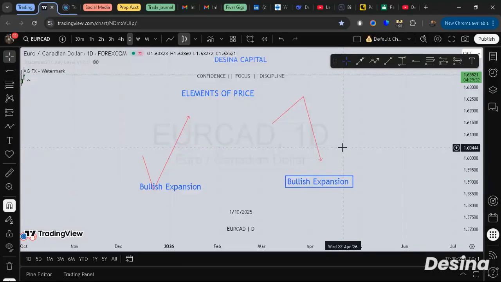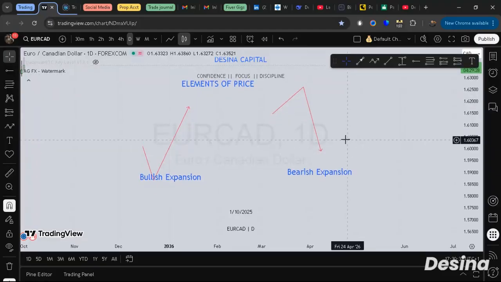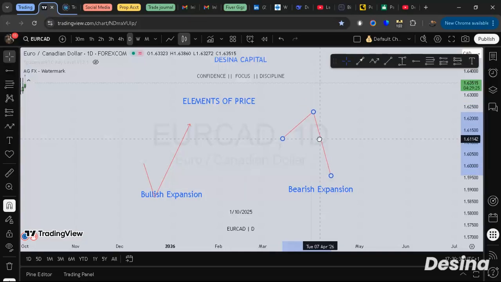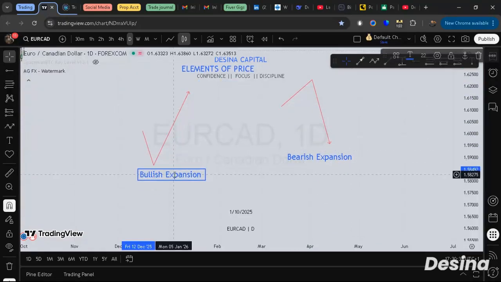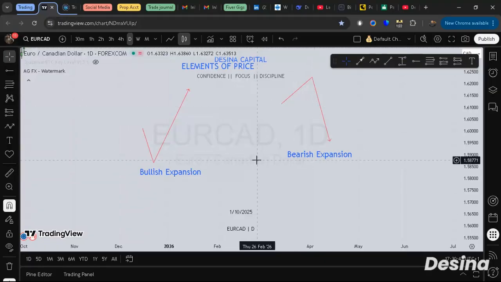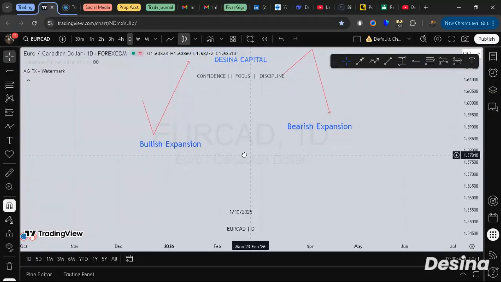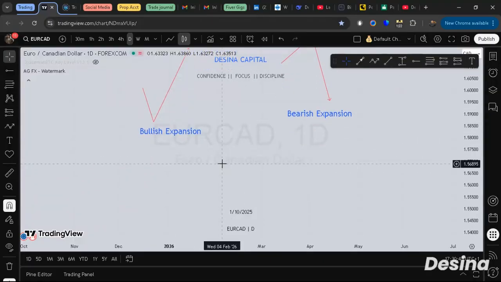Once you are able to understand these things, you will not get confused in the market anymore. You'll be able to understand what the market is doing per time. So this is a bullish expansion and this is a bearish expansion. And for there to be an expansion, from the word expansion, it means something that increases in length, more like explode, increase in length.